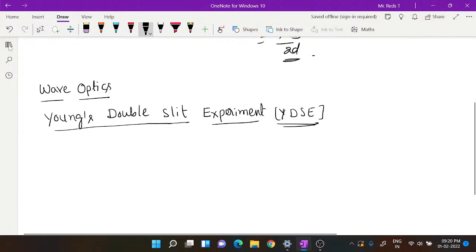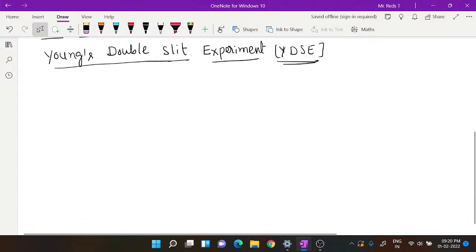Now, Young's double slit experiment helps us understand the interference of light. The scientist Young constructed a setup which consists of two slits, S1 and S2.